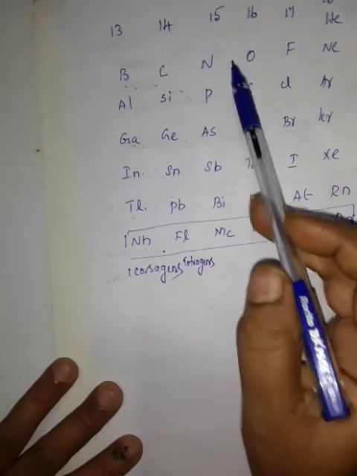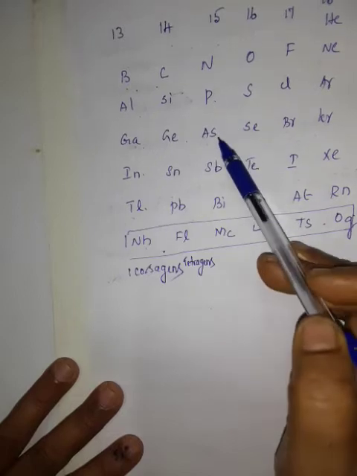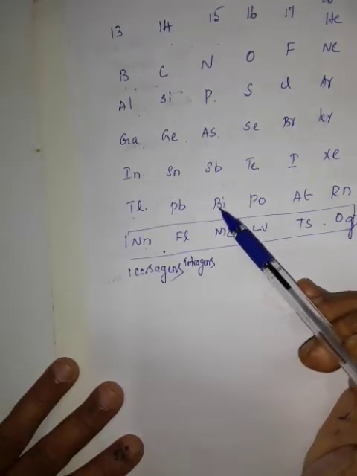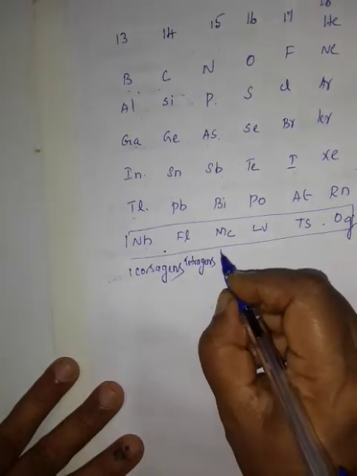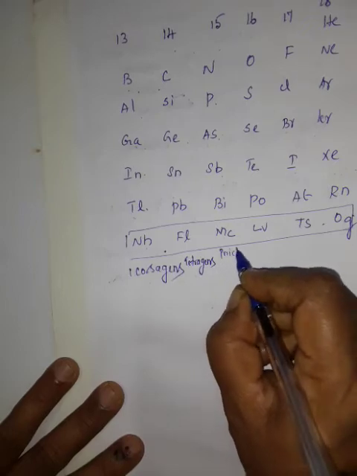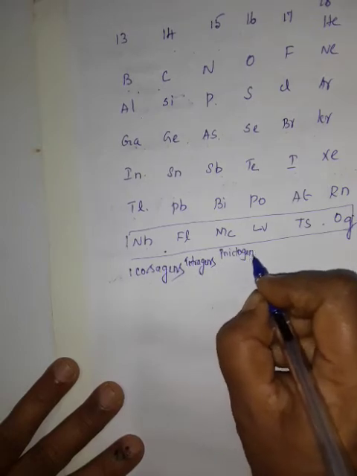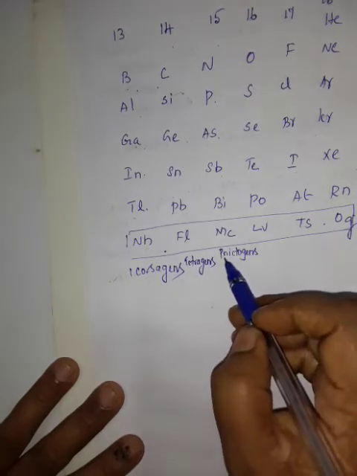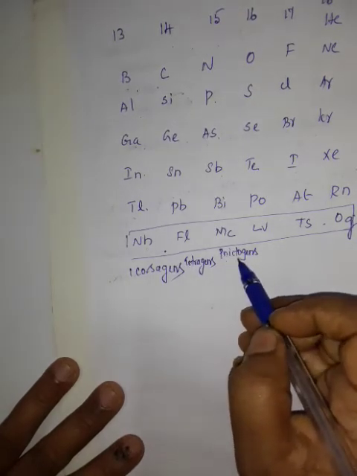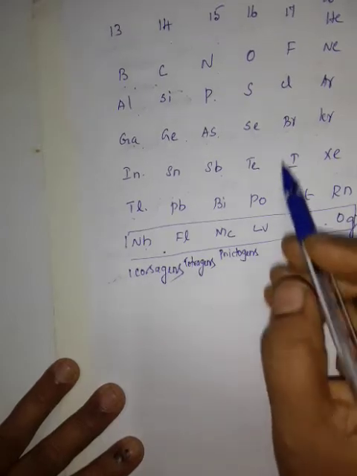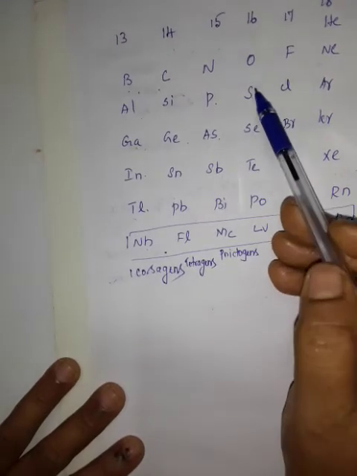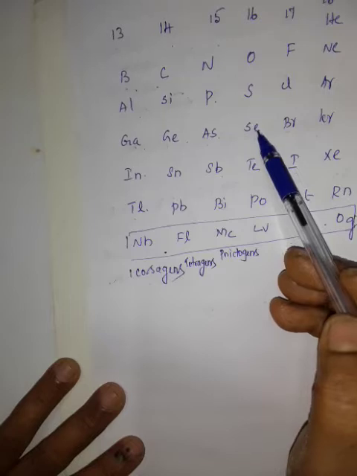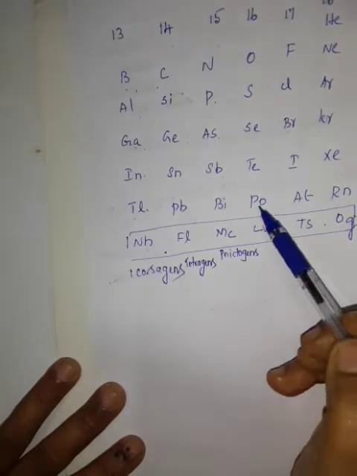Then the 15th group: nitrogen, phosphorus, arsenic, antimony, bismuth. This group is called pnictogens. Since nitrogen is starting, P is a silent letter, it starts with N, nitrogens. Then the 16th group: oxygen, sulfur, selenium, tellurium, polonium.